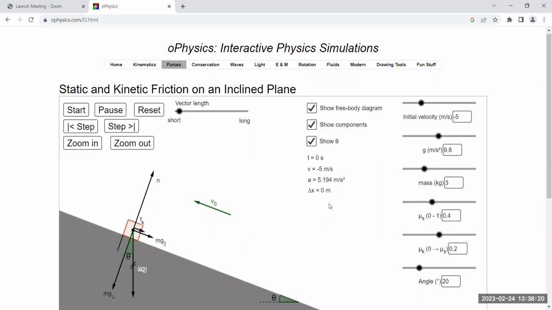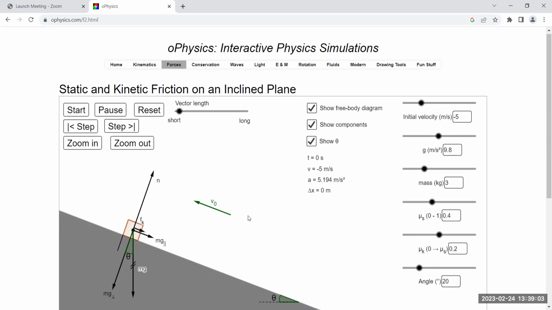So if we calculated in this example that the acceleration of the object is 5.194 meters per second squared, at t equals 0, then the velocity is just going to be whatever its initial velocity was. In this case, they've set this thing up to where its initial velocity is -5 meters per second. Remember, direction is negative. In this case, it looks like our positive is going down the hill, so our negative's got to be up the hill, and that's exactly what we drew with our initial velocity.